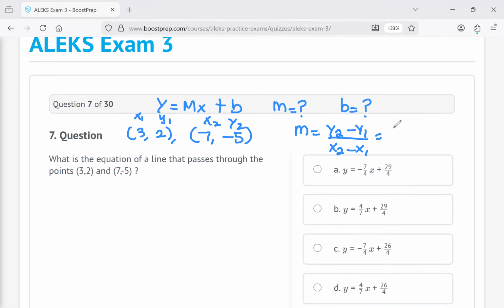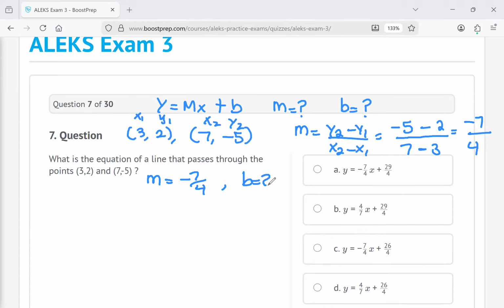So my y2 is -5 minus my y1, which is 2, and my x2 is 7 minus my x1, which is 3. So -5 minus 2 is -7, and 7 minus 3 is 4. So my slope is -7/4.